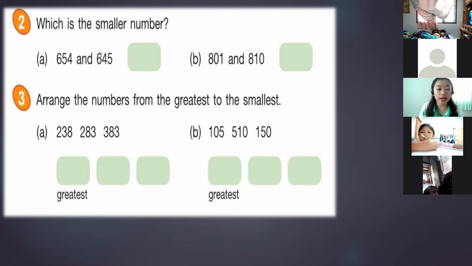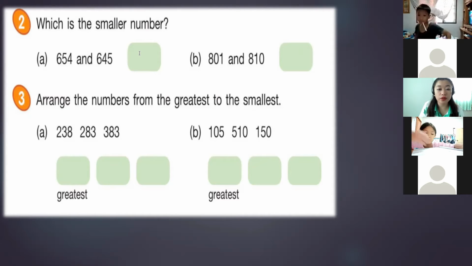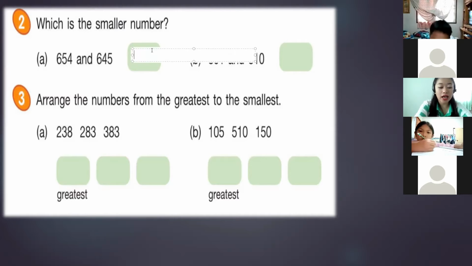Therefore, in the tens place, 5 is bigger. So the smallest number is 645. Please write 645 in the box. 645 is the smallest number.